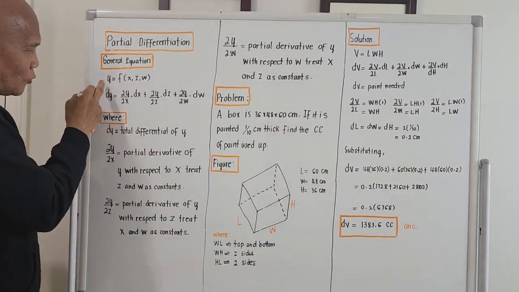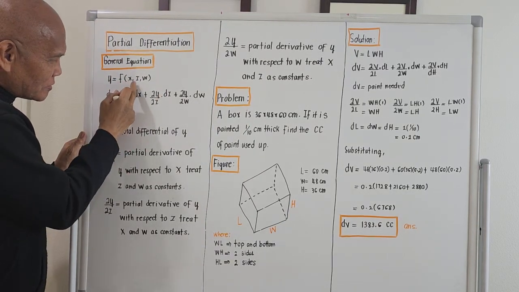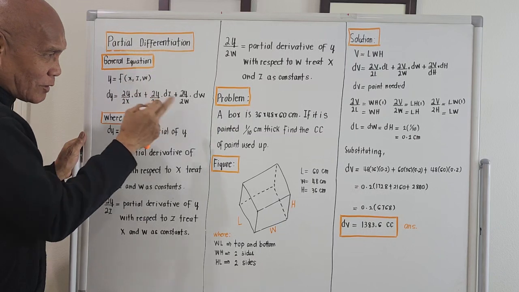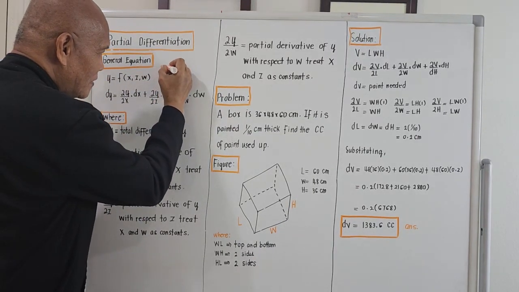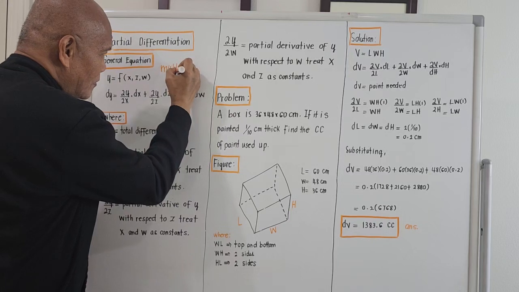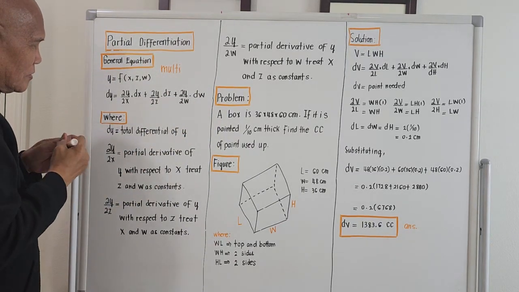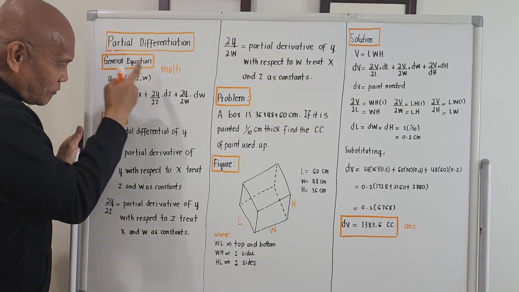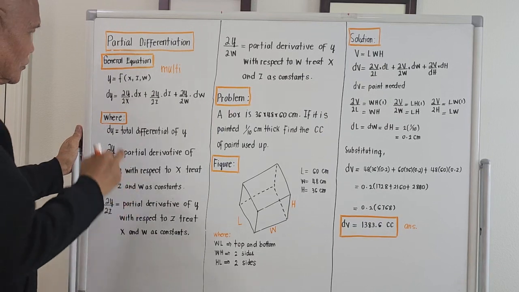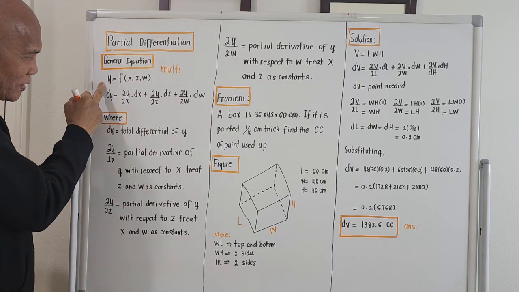If we are given y as a function of three variables, x, z, and w, that's why it is multi. So meaning y is given as a function of x, z, and w. To take the total differential of this one, the total differential of y will be dy.